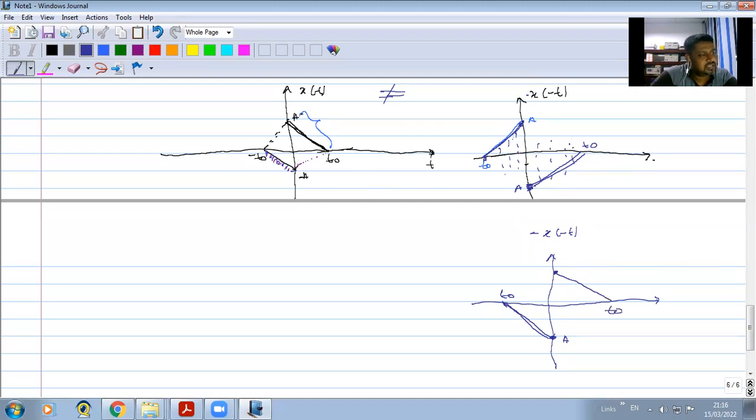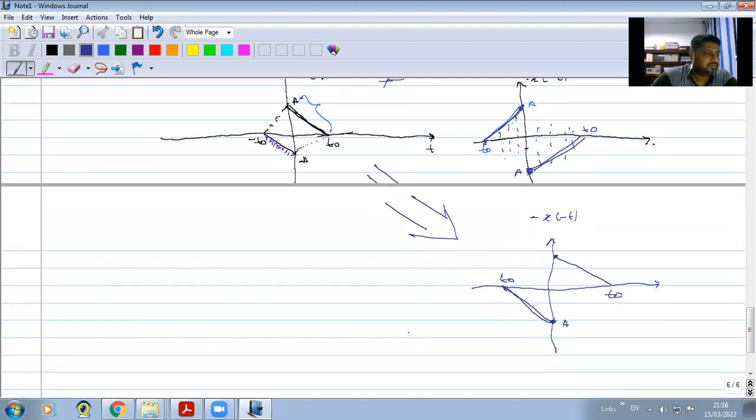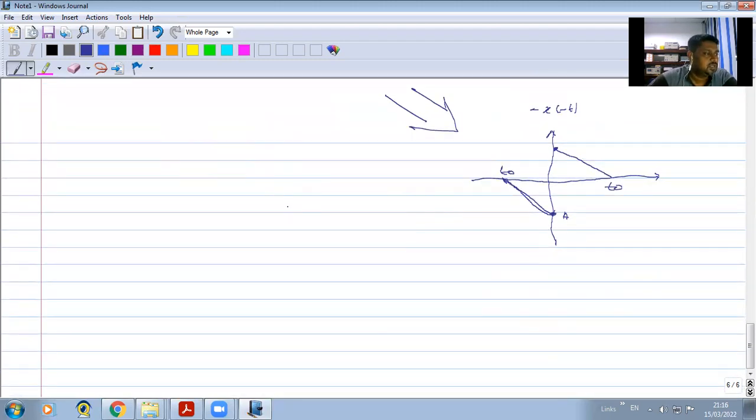Please check this one and this one. Both signals are the same, no? So in this case, x(t) is equal to minus x(-t). In other words, minus x(t) is equal to x(-t). So this is an odd signal.